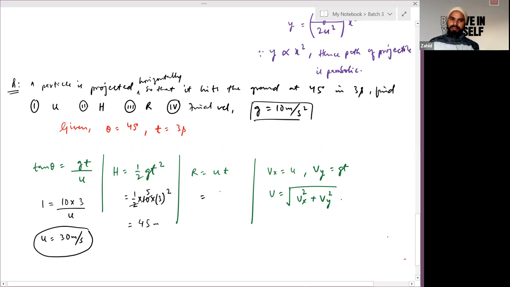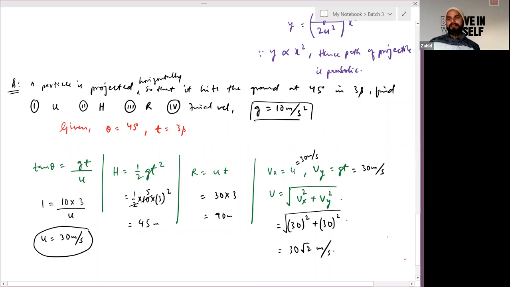Range is equal to u into t. u is 30, time is 3. So it will be 90 meter. u is 30 meter per second, g is 10 and t is 3. So it will be again 30 meter per second. So if you put these two terms in this expression, you will get root under 30 squared plus 30 squared. So it will be 30 root 2 meter per second. You all have got this result?